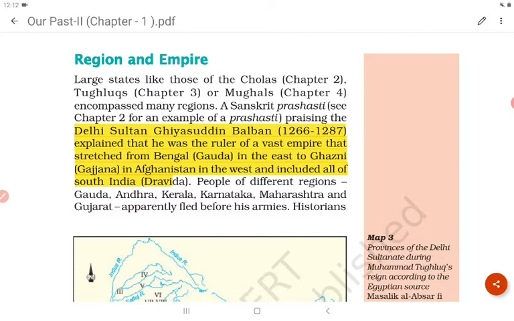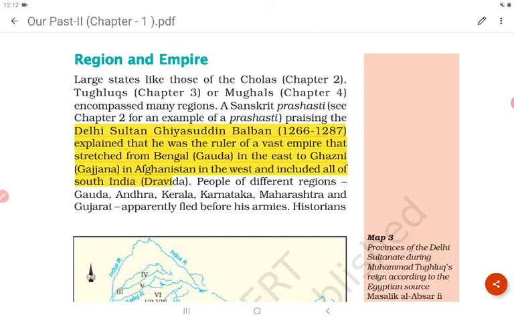The Delhi Sultan Ghiyasuddin Balban, in a Sanskrit prashasti, was praised as the ruler of a vast empire that stretched from Bengal, Gauda, in the east to Ghazni in Afghanistan in the west, and included all of South India, Dravida.